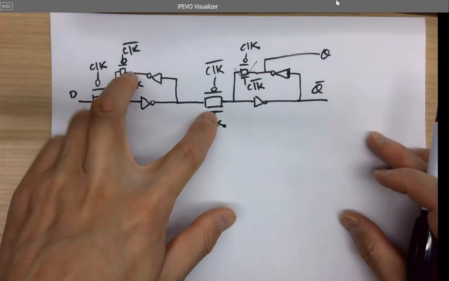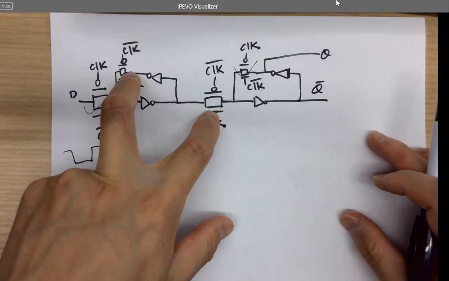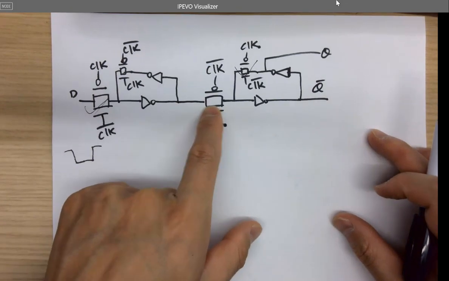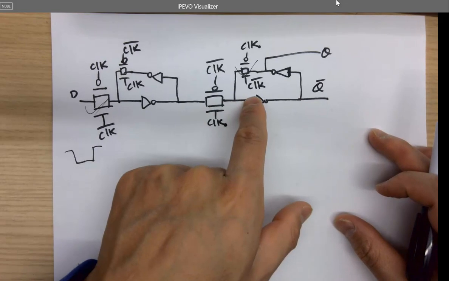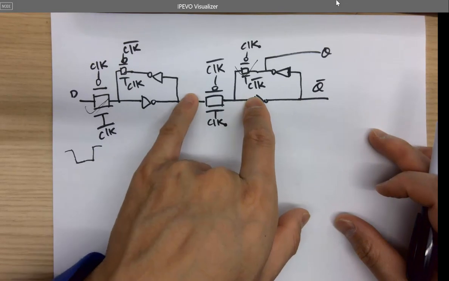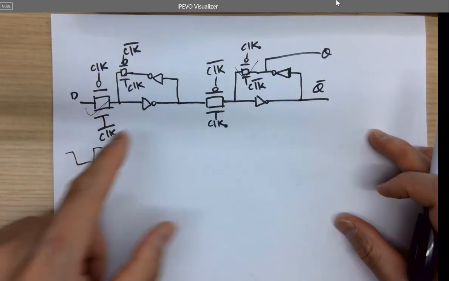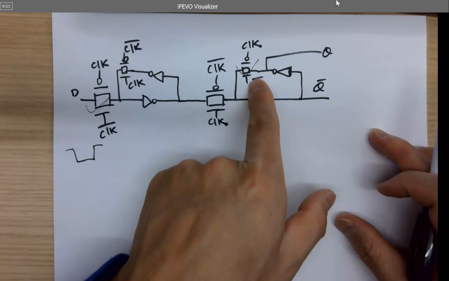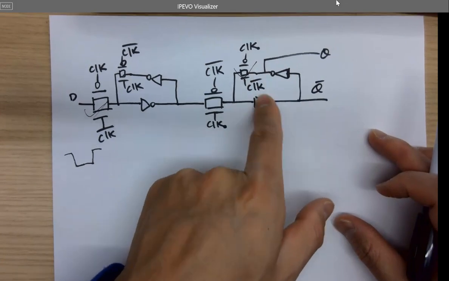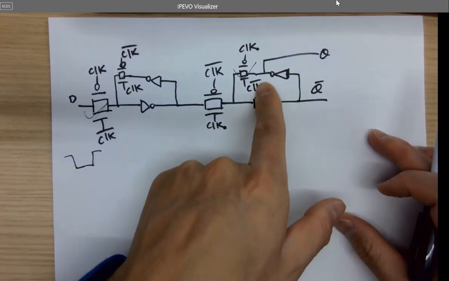These two are off. So if this is off, it's preventing this signal from getting through this gate and arriving here, right? So when clock is low, it latches or stores the value in the latch here.